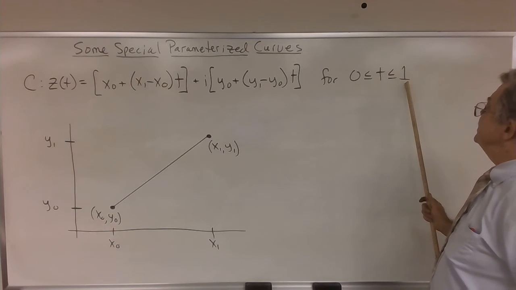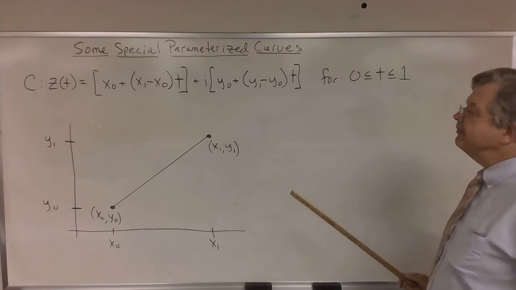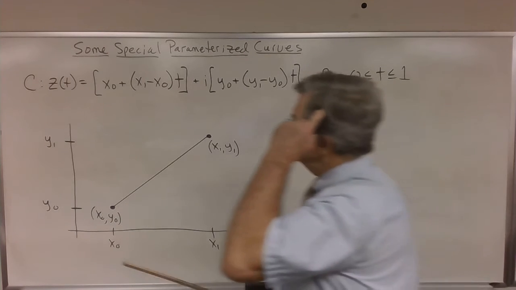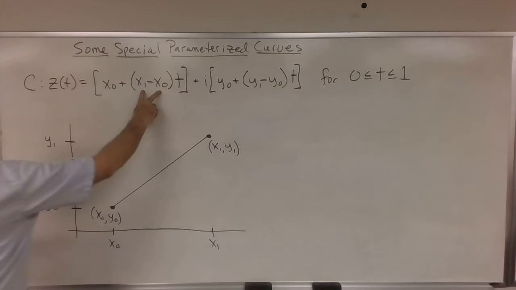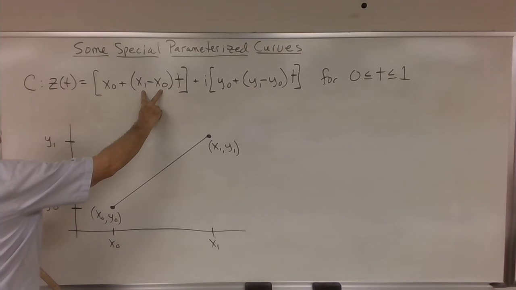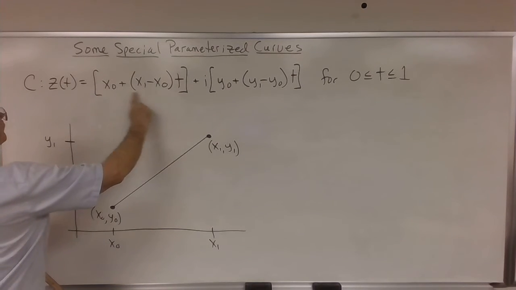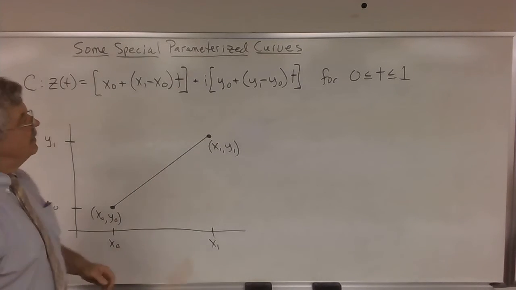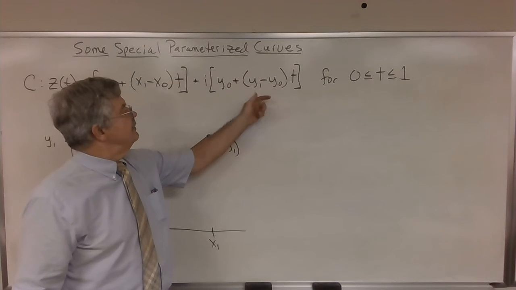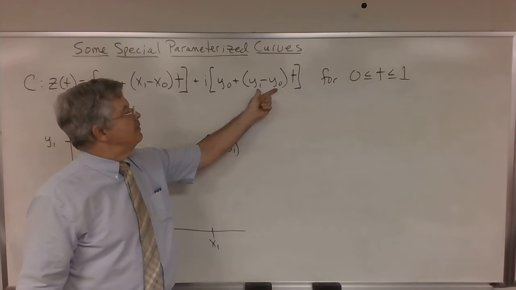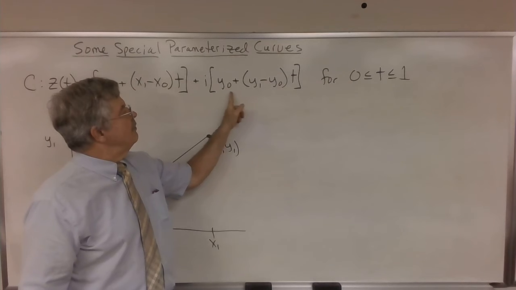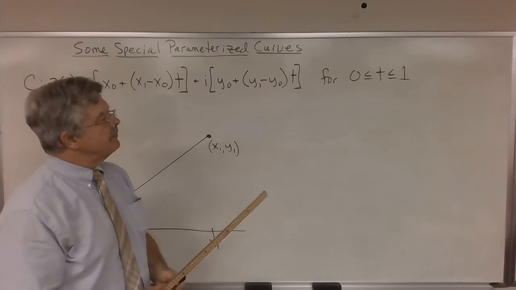Now let's have t equal 1. When t equals 1, this is x1 minus x0. So the real part is just x1. When t equals 1, this is y1 minus y0. So this whole thing is just y1.